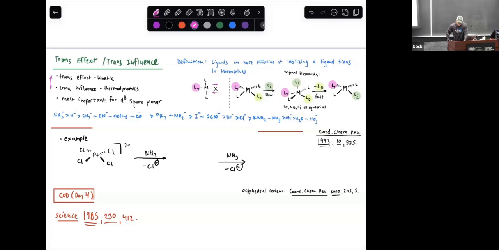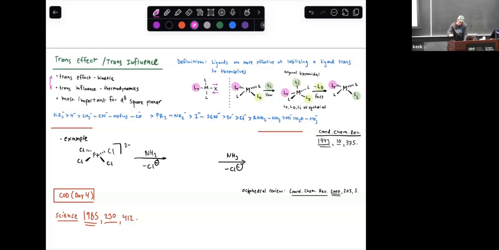And on the other side, thermodynamics, we're thinking about things like bond lengths, as read out by X-ray crystallography, and stabilities. These tend to move in the same direction, but they are not equivalent. So that's important to keep straight in your mind.